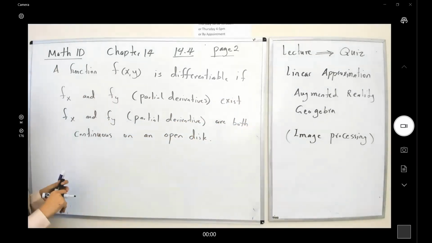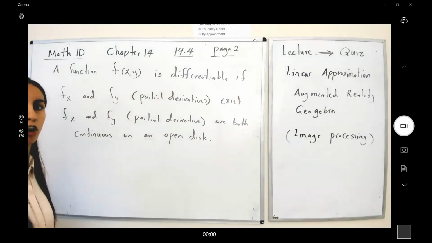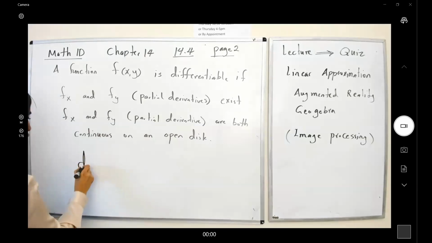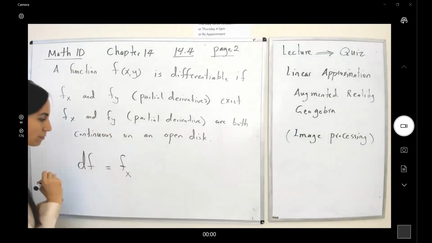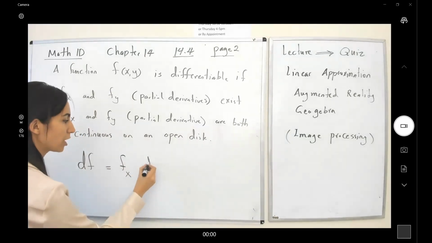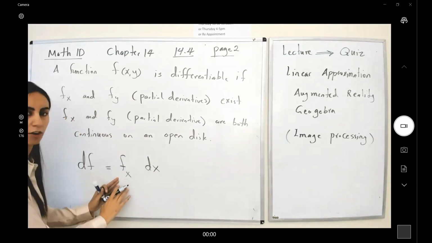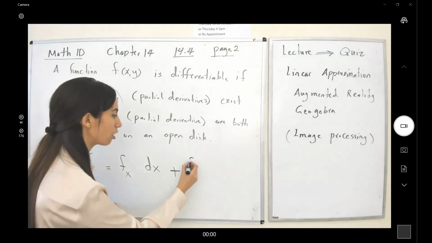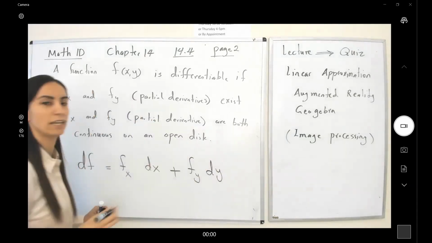So, if a function is differentiable, how do we define the differential of that function? The differential of function f is defined as the partial derivative of f with respect to x in the direction of the x-axis plus the partial derivative of f with respect to y in the direction of the y-axis.